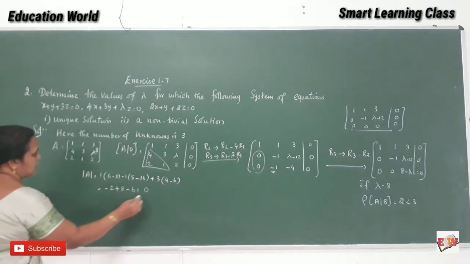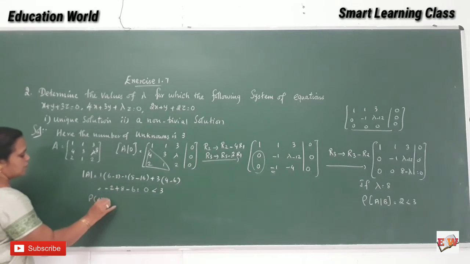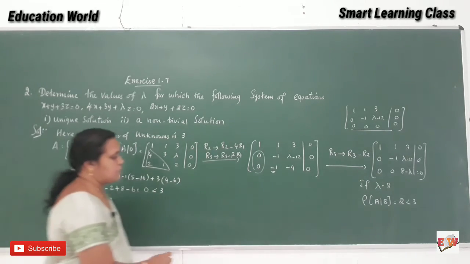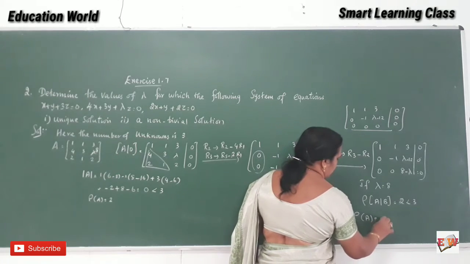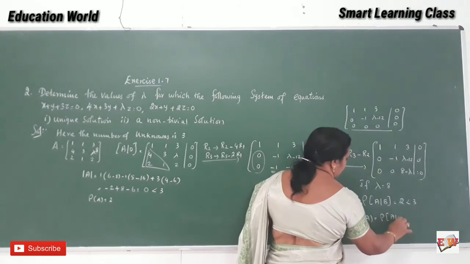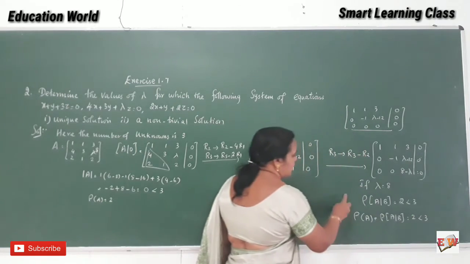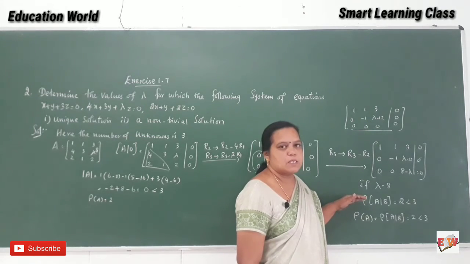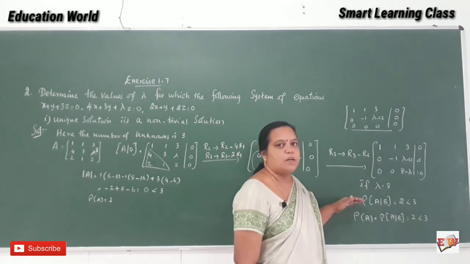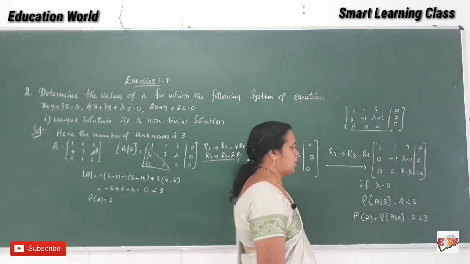So what is that? Rank of A is equal to 2. So from this, rank of A is equal to rank of augmented matrix is equal to 2, less than 3. If lambda equal to 8, the given system of equations is consistent and it has a non-trivial solution.